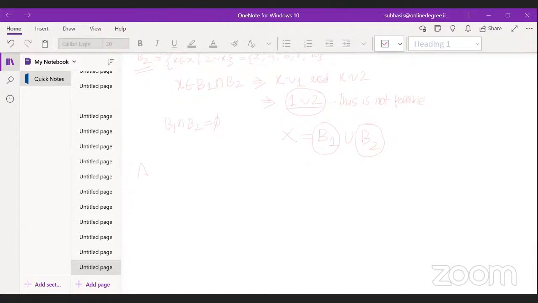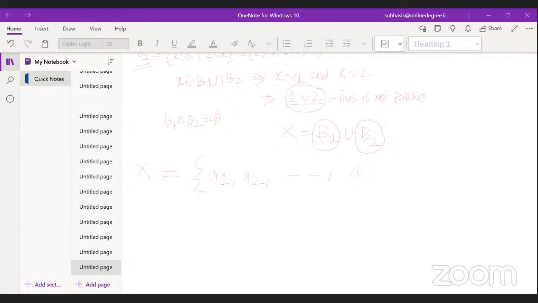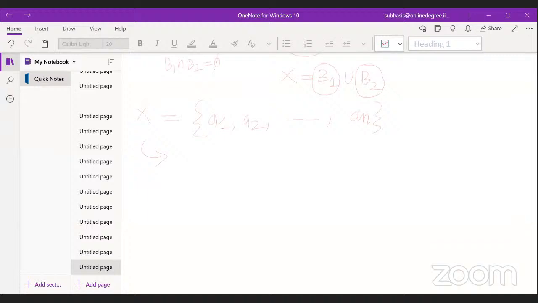So suppose you have a set X with some elements A1, A2, up to AN, and you have a relation R on X, which is an equivalence relation.